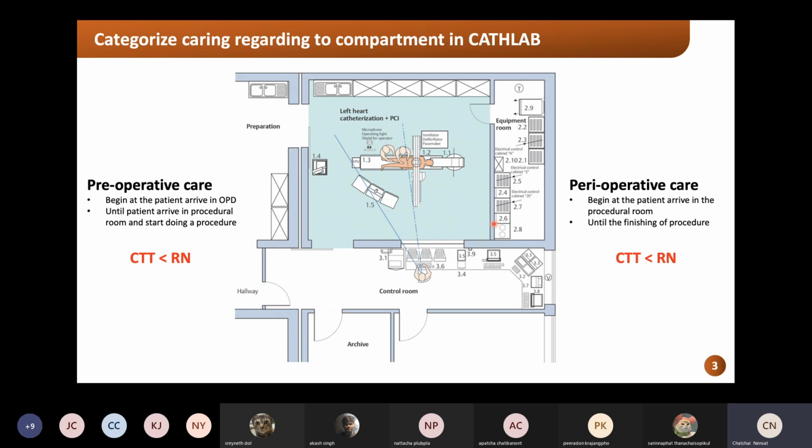So this entire period we can count as the pre-operative care.